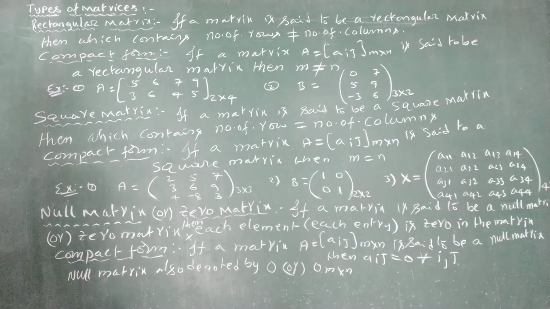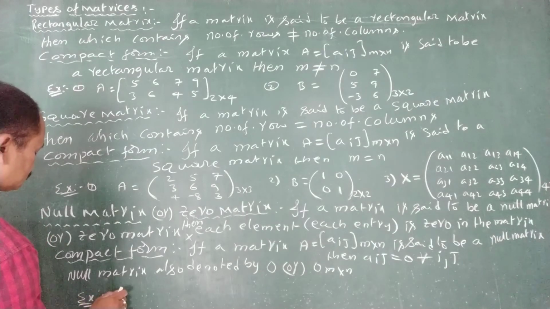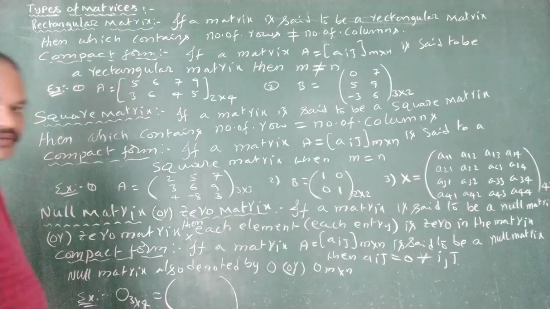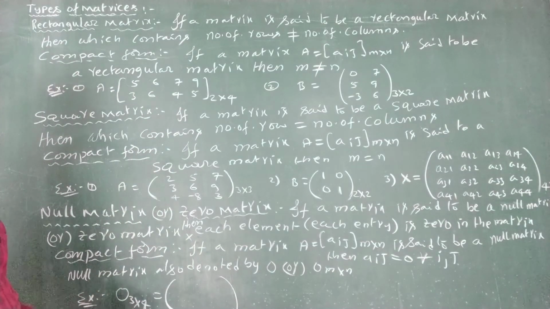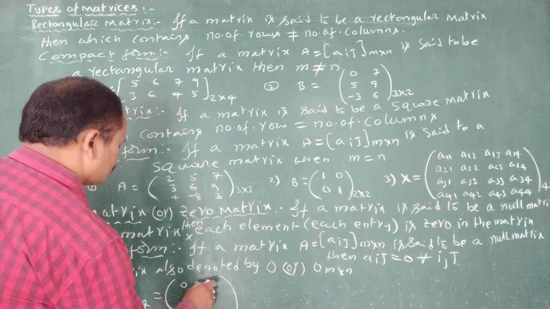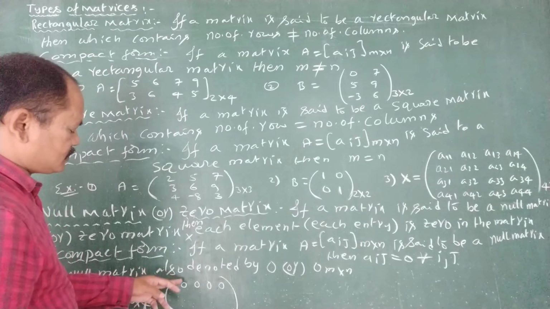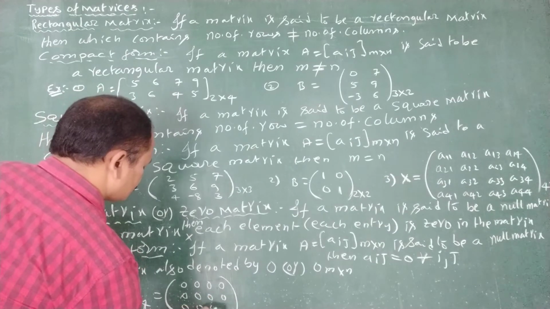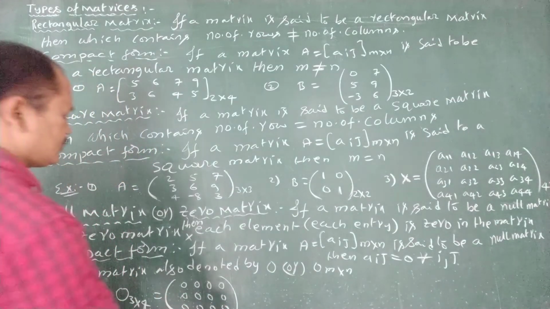Now, examples. Example 1: O 3 by 4 matrix, which contains 3 rows and 4 columns, with every entry 0.